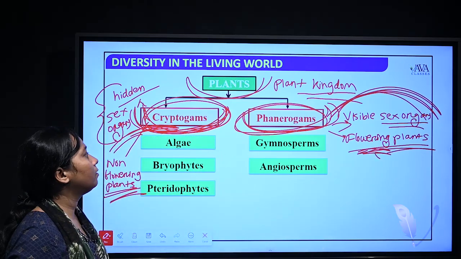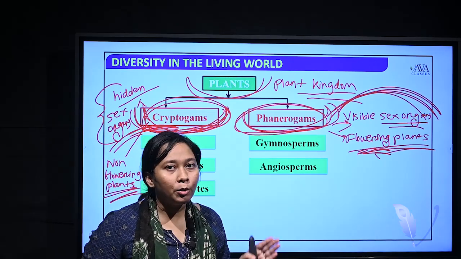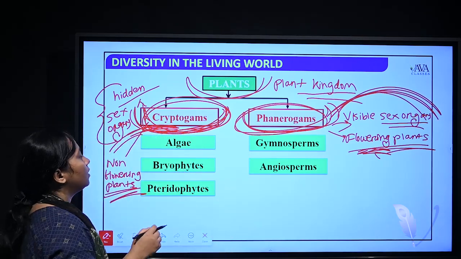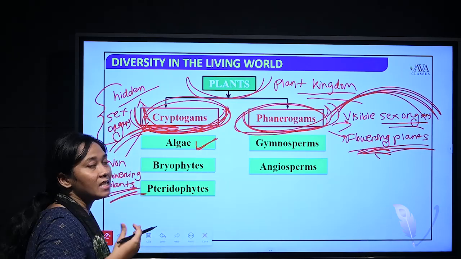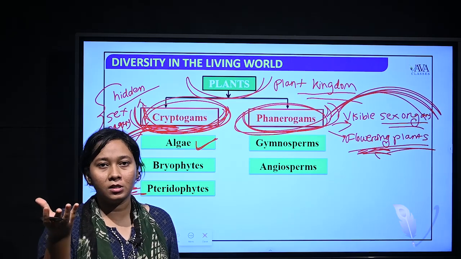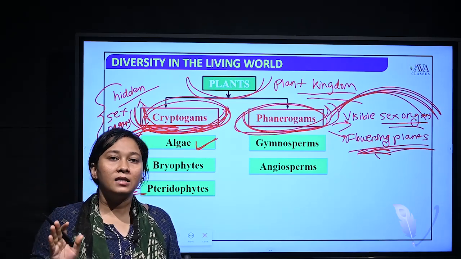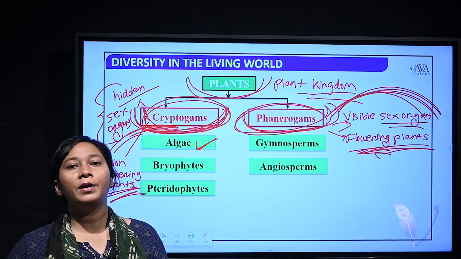Clear? Okay. And within cryptogams we study generally algae, which are otherwise called thallophytes because of their thallus-like structures. Thallus-like structure or thallophyte means what?